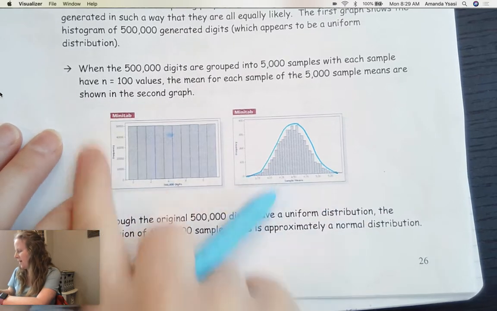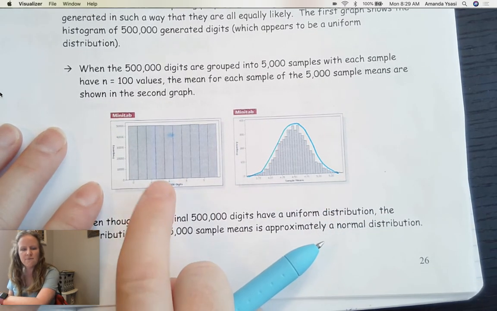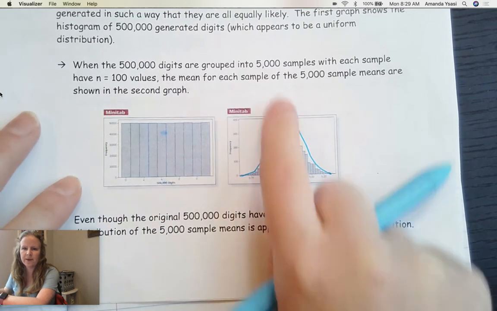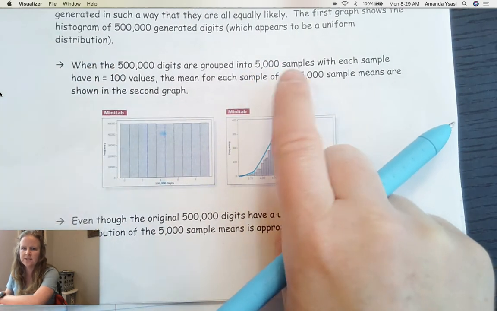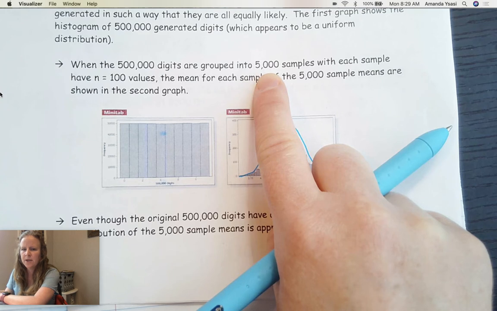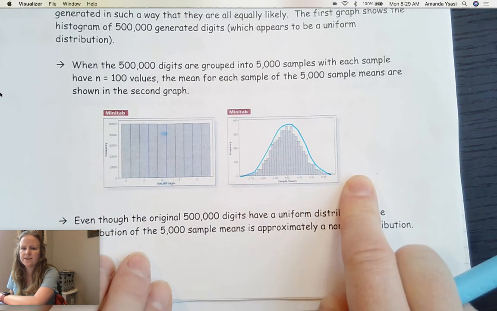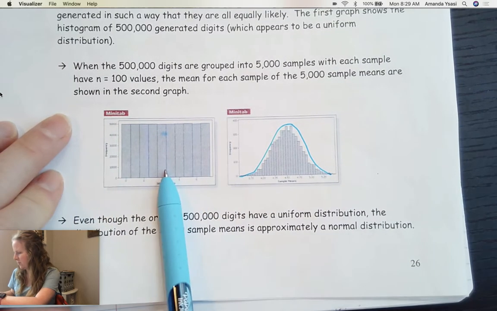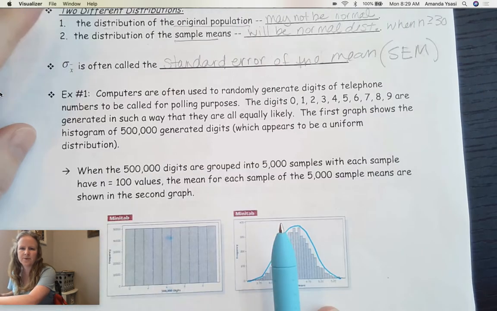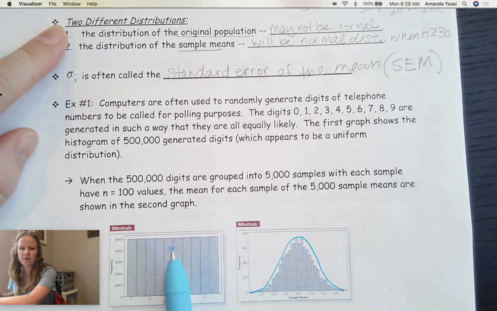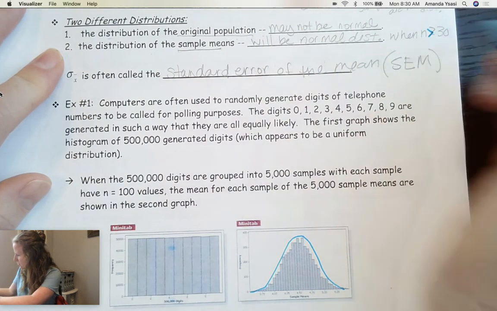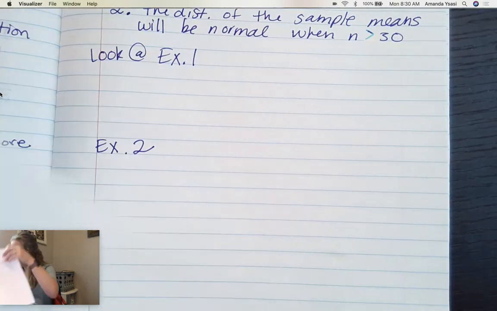Even though we have this uniform distribution for the digits themselves, when you take the means of the 5,000 samples, this is a normal distribution. Remember how I was saying the two different distributions? The original population may not be normal, but the sample means will be normal when n is greater than 30, not or equal to. All right, so let's look at example 2.